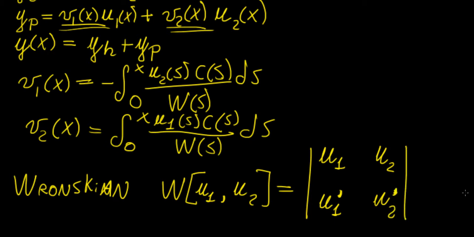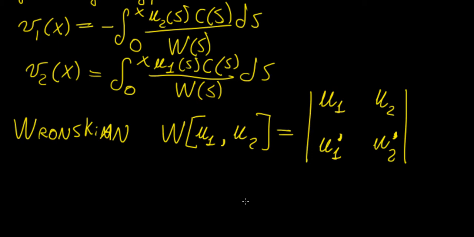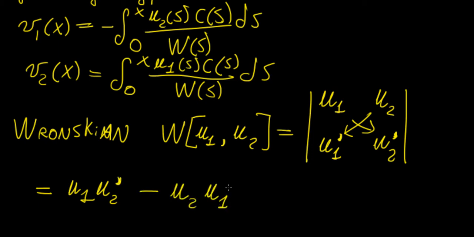That's just the determinant. If you remember elementary linear algebra, then you know that this is going to be equal to, we just cross multiply, u1 times u2 prime minus u2 times u1 prime. So this is what the Wronskian is.